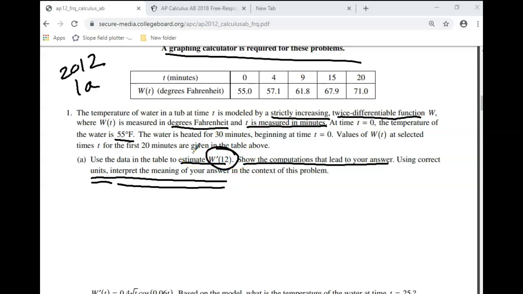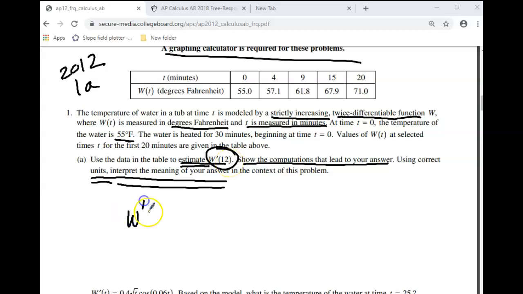Now, you can't actually find the rate of change, but you can estimate it by finding the average rate of change. Now, how would I find the average rate of change to estimate what the instantaneous would be at W prime of 12?